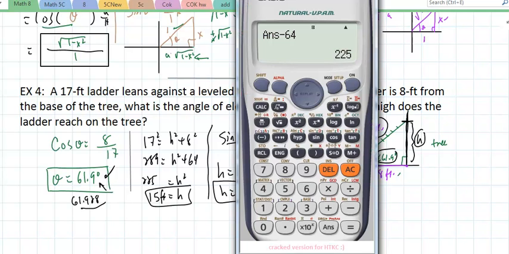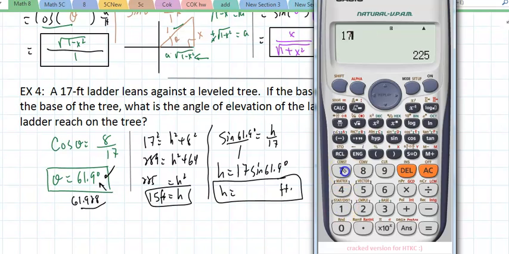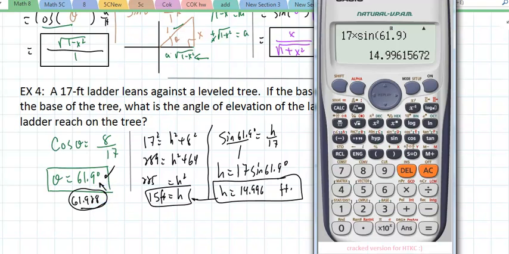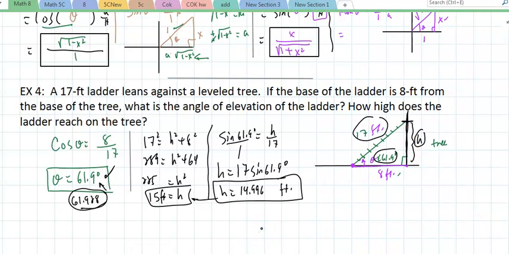If I take my calculator and compute 17 times the sine of 61.9 degrees, I get 14.996. Do you see that? Because you rounded. But if I go back and use 61.928, I get 15.000, which is a lot more efficient.